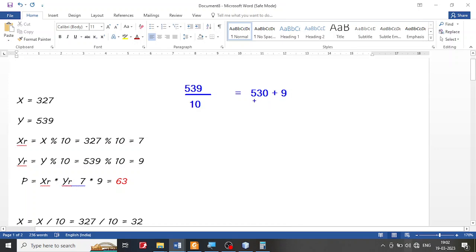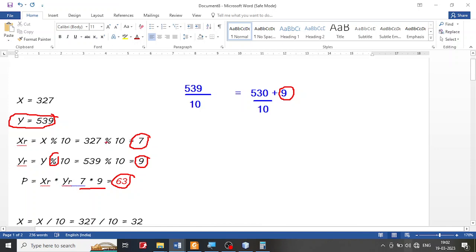We know very well 10 will exactly divide 530 without any remainder. What is remaining? The remainder is 9. So if you apply the mod operator on this y, the remainder will be 9. So multiply these remainders, 7 and 9. If you multiply 7 and 9, you are going to get 63. So this is the one answer.